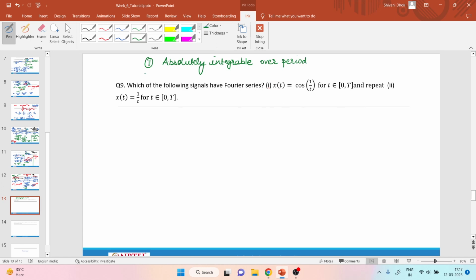The second thing was it should have a finite number of maxima and minima. And the third condition was a finite number of finite discontinuities. So these three are known as Dirichlet's conditions.